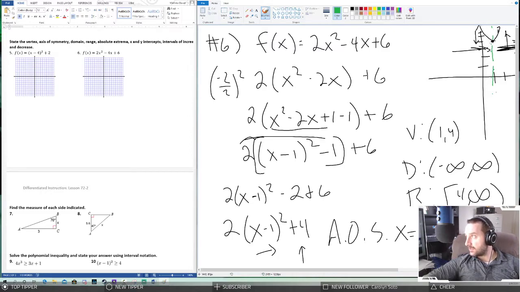There are no x-intercepts here. If I look at the original, my y-intercept, if I plug in 0 for x, it's just going to be y equals 6, so the point 0, 6. For the extrema, the max and min, the lowest value on my graph is 4, so it has a minimum of 4. There is no maximum. I think that's all the values.